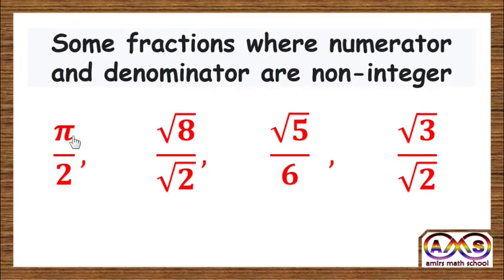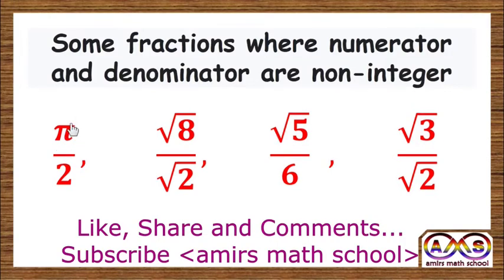In the first case, pi divided by 2 is a fraction. We know pi is the ratio of the circumference and the diameter of any circle, and pi by 2 is a fraction. In this fraction, the numerator is a non-integer. In the second case, square root of 8 divided by square root of 2, both the numerator and the denominator are non-integers.